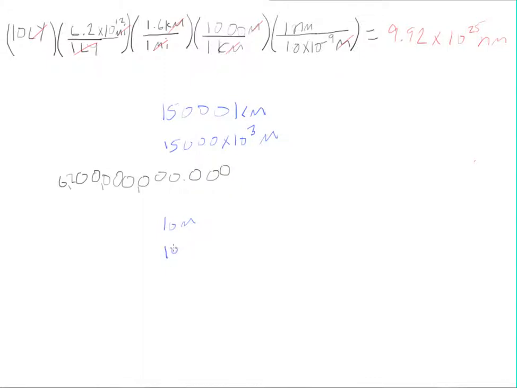So that's 10 times 10 to the negative, or actually not to the negative. This is going to be to the positive. Meters is greater than centimeters, so this will be times 10 to the 2 centimeters. So it's just a quick conversion.